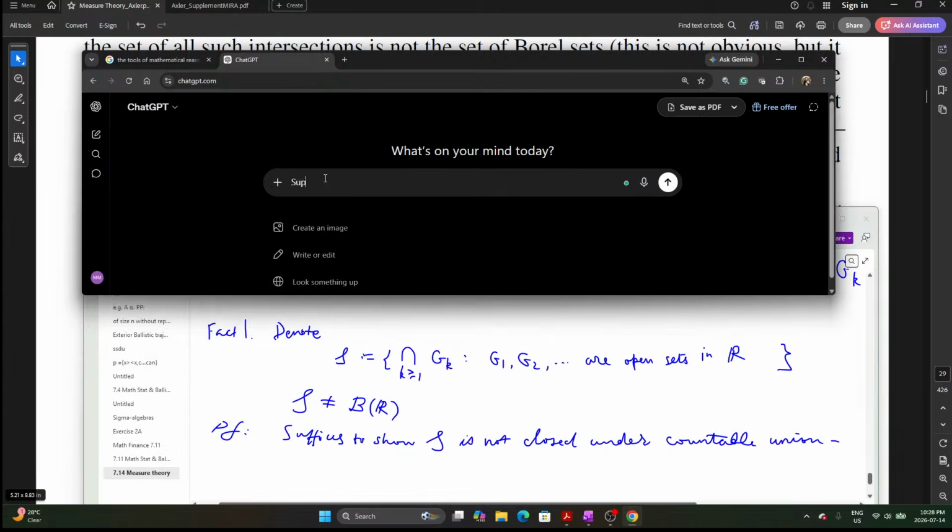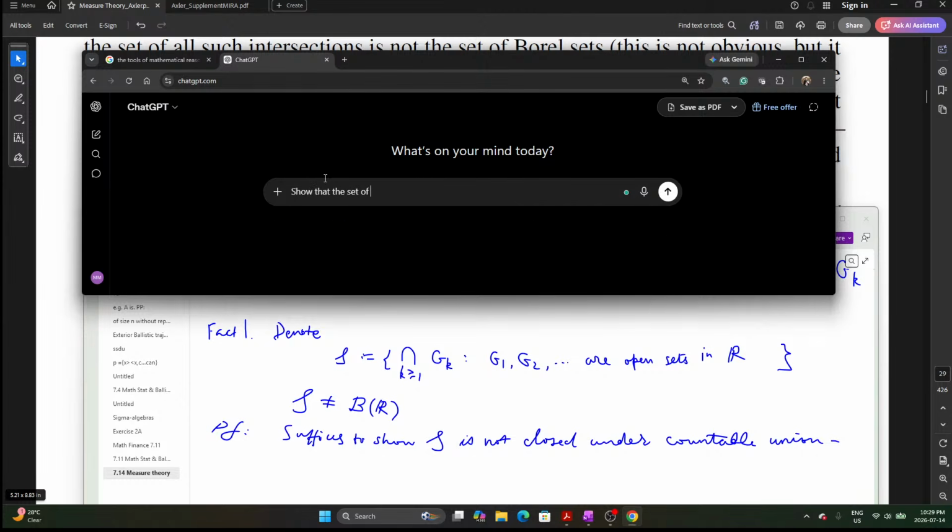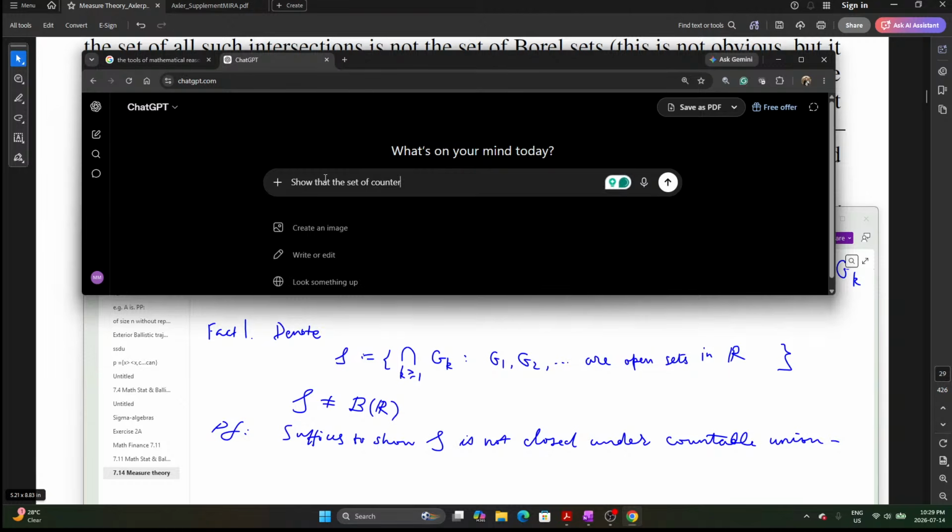Okay, so let's consider: show that the set of countable intersections of open sets in R is not closed under countable union.